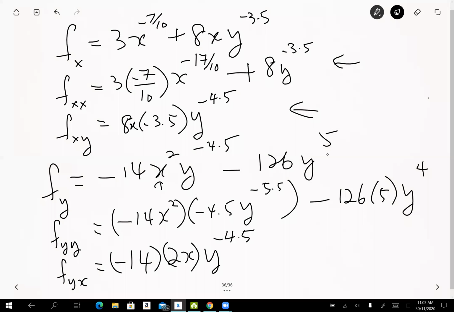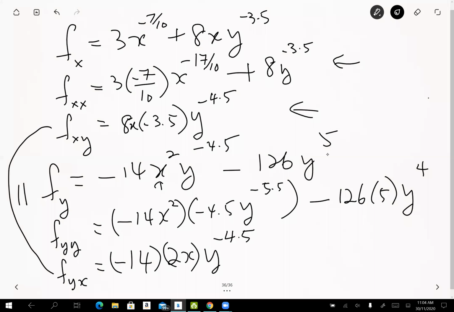Okay. All right. Now, our rule, if you want to check whether this is correct or not, is that fxy must equal fyx. If they are not equal, that means something is wrong somewhere.